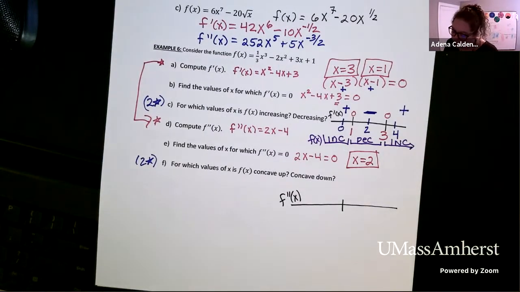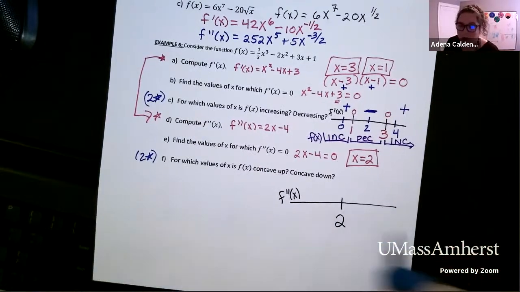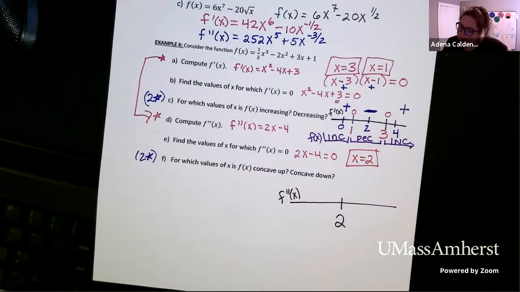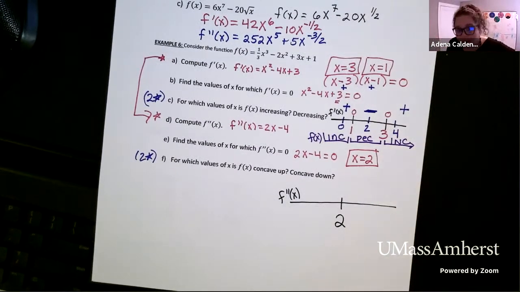And then for part F, I want to know where the original function is concave up or concave down. So again, I'm going to create a number line. But now I'm interested in the sign of the second derivative, because the sign of the second derivative is going to tell me whether or not I'm concave up or concave down.